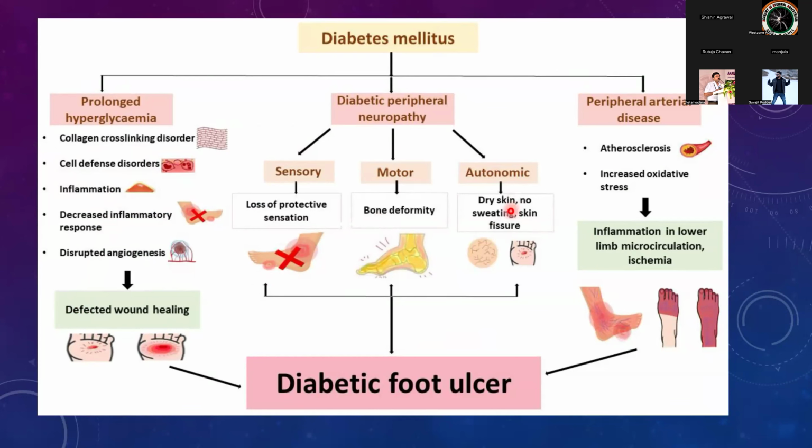With autonomic disturbances, there is dry skin, skin fissuring, repeated infections, and underlying peripheral arterial disease. All these lead to increased oxidative stress, inflammation in the lower limb, and ischemia, all leading to diabetic foot ulceration.